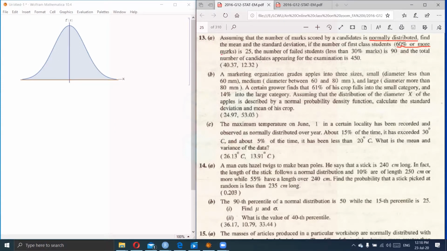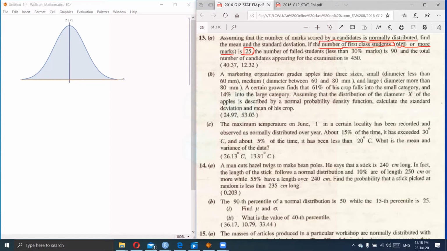It means our variable having value 60% or more is 25. So 25 is the number of students. This is the count of the students, not marks of the students. It's the number of students.